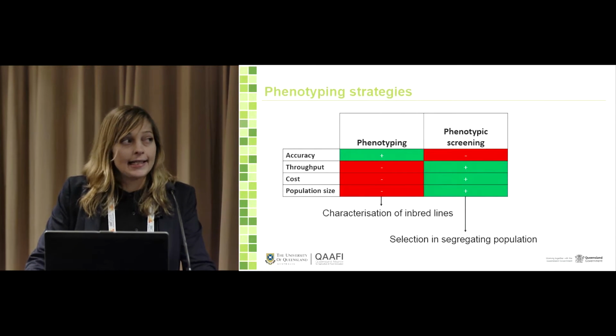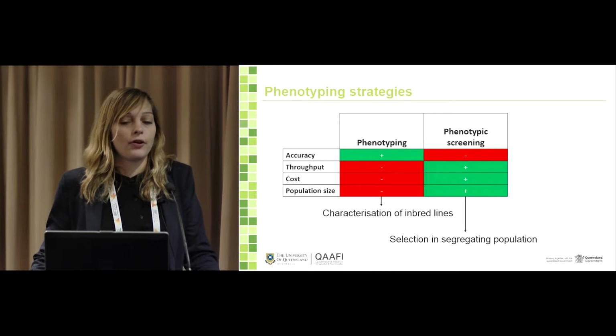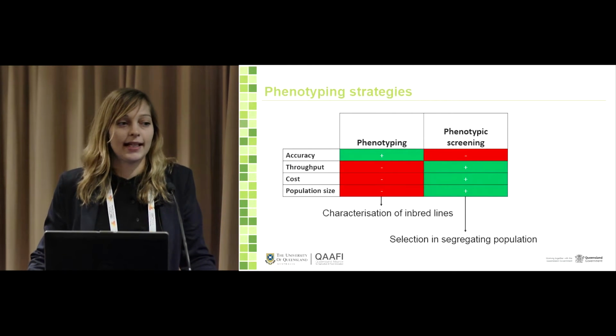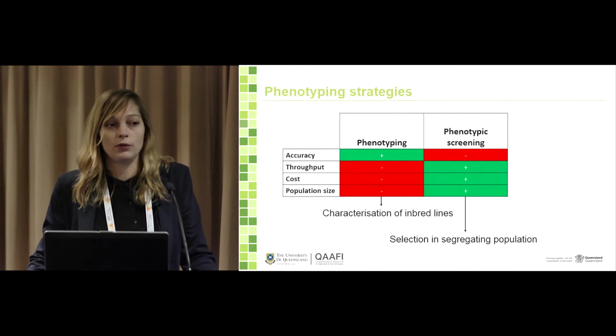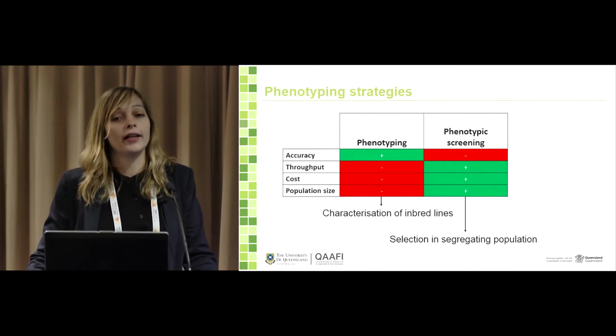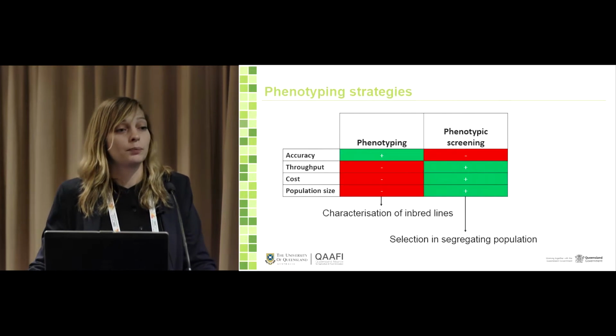Phenotypic screening is all about throughput and rapidity. So the methods are generally less accurate, but they're easy, cheap, rapid, so we can apply them on large populations, especially in segregating populations.